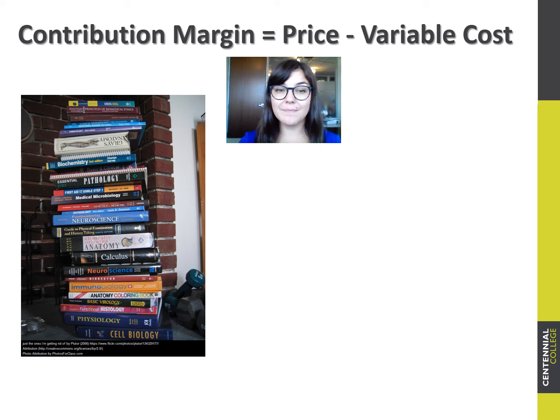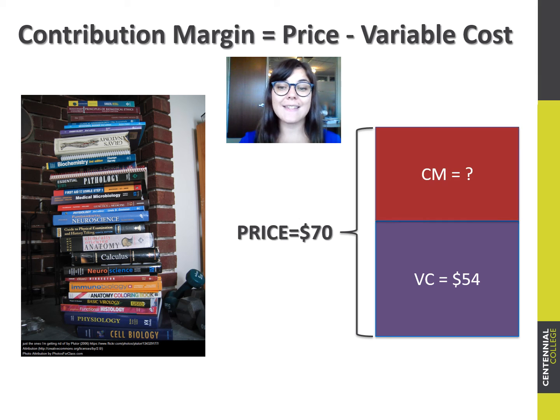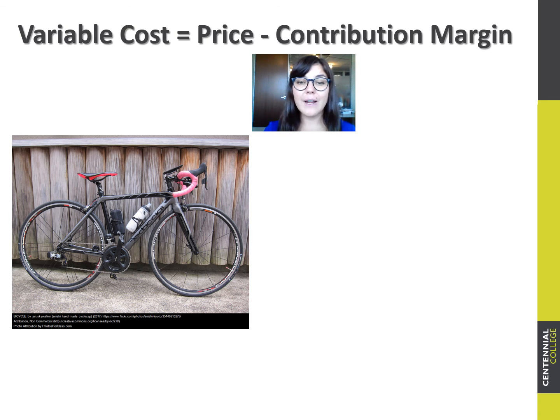A textbook costs $54 to make and is sold at the bookstore for $70. What is the contribution margin per textbook? The answer is $16. You bought a bicycle from the store for $149.